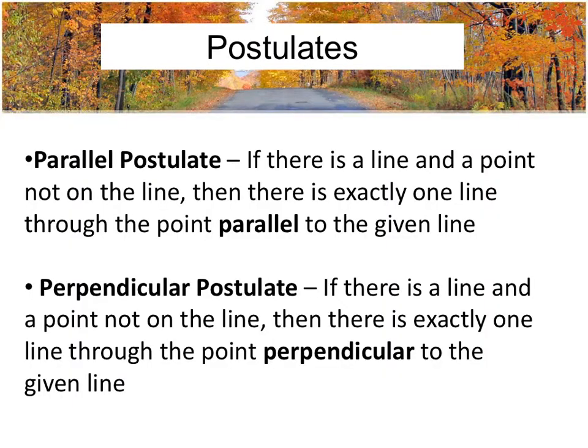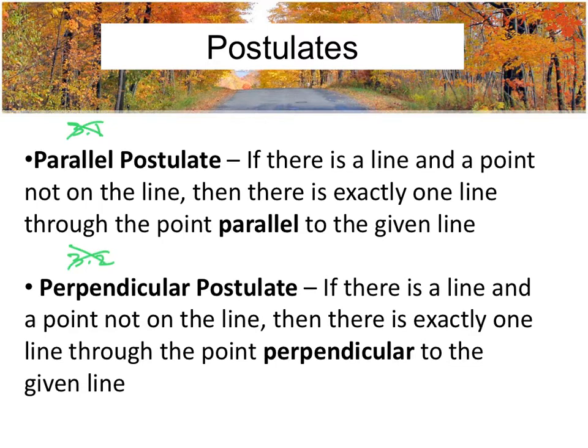Done. These are our first 2 postulates from chapter 3. If you happen to read your textbook, this one is labeled as 3.1 and this one is 3.2. Again, I didn't add those numbers to the slides because the numbers are not important to us.